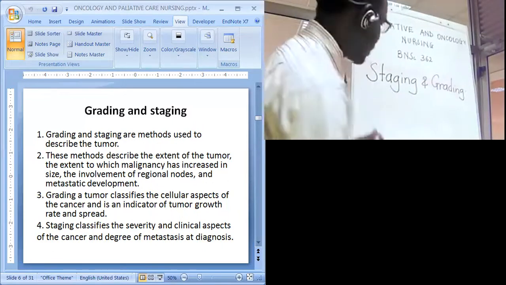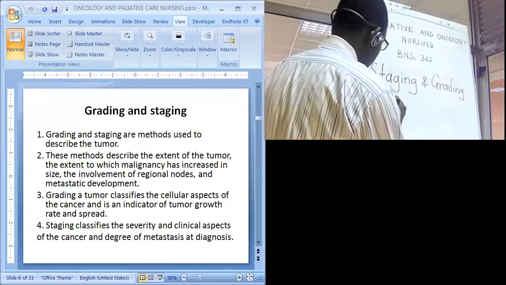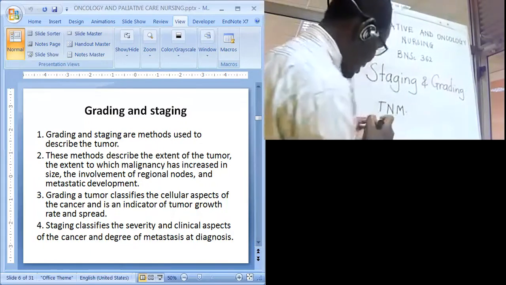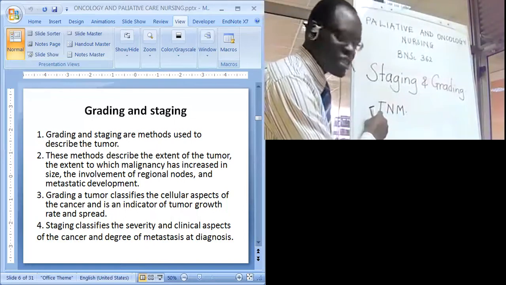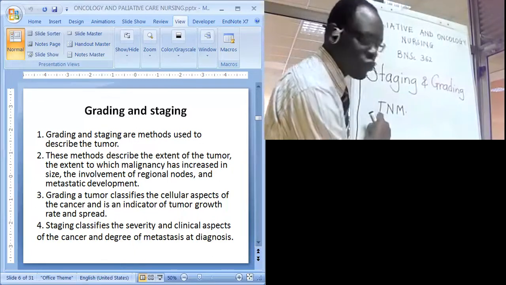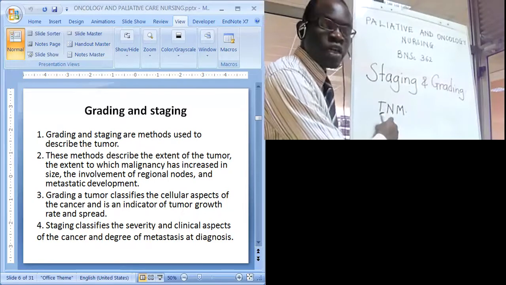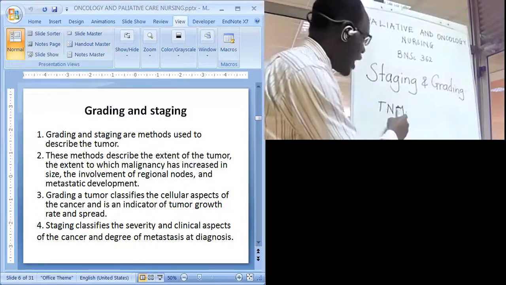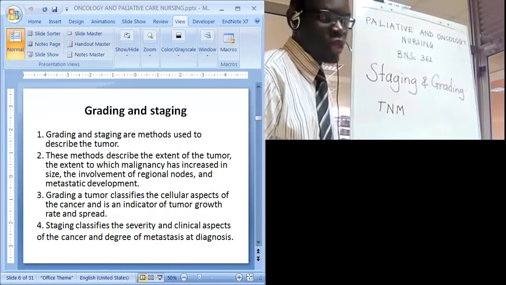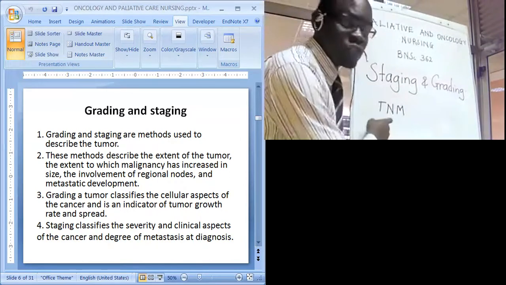In other words, we describe them in terms of T, N and M, whereby T means the tumor itself, whether there is a change in size, N whether there is involvement of nearby lymph nodes, and M whether there are metastases involved. That is basically how we describe the extent of a solid tumor.